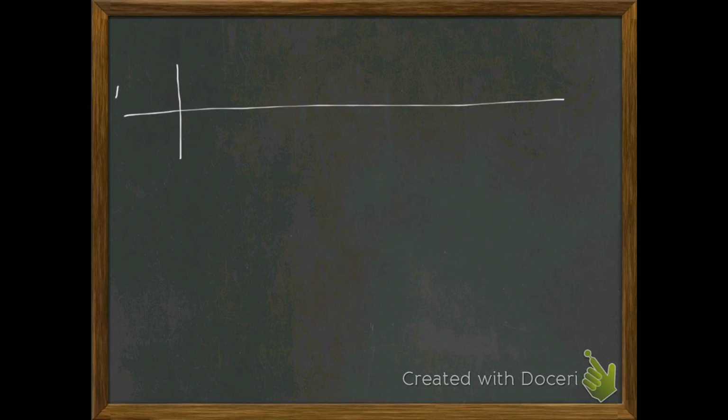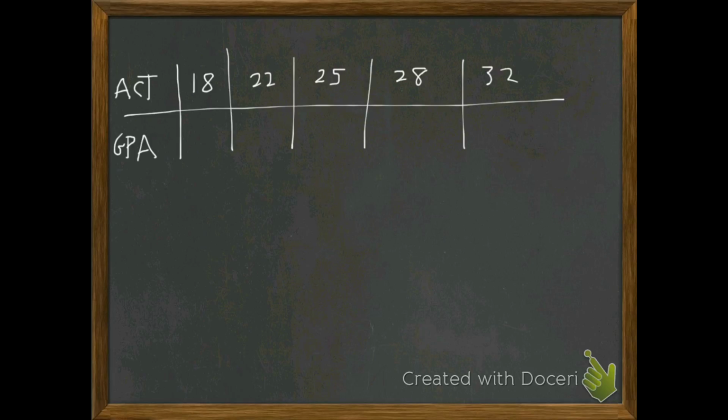Remember from maybe the last couple of videos, we examined ACT and GPA, and I've got it written on a sheet of paper right over here. 32, and we had 2.4, 2.2, 2.8, 2.9, and 3.5.